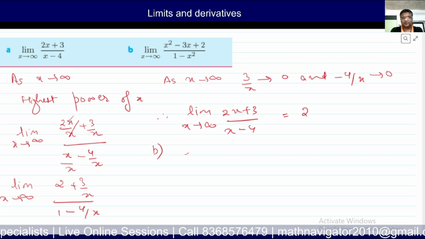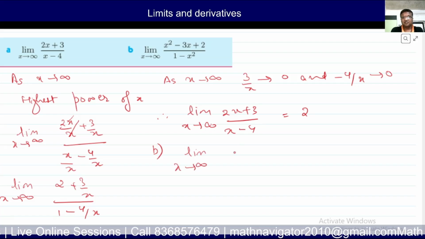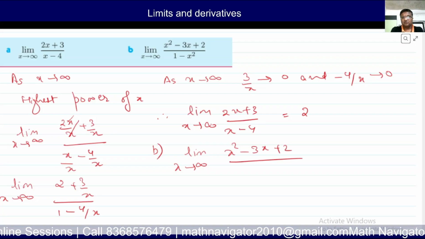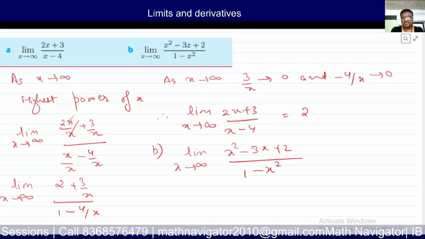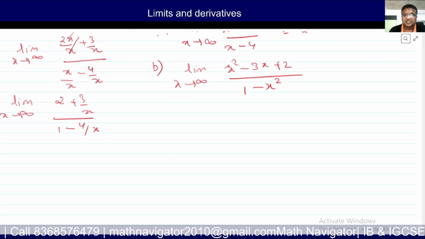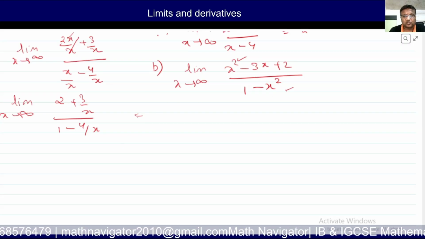Let's do this. Limit x tends to infinity, x squared minus 3x plus 2 over 1 minus x squared, right? So in this case, the highest power is x squared. I will divide everything by x squared.